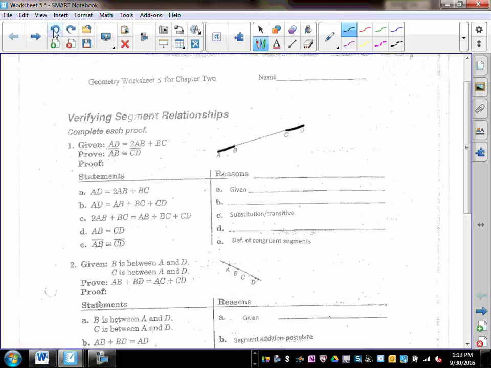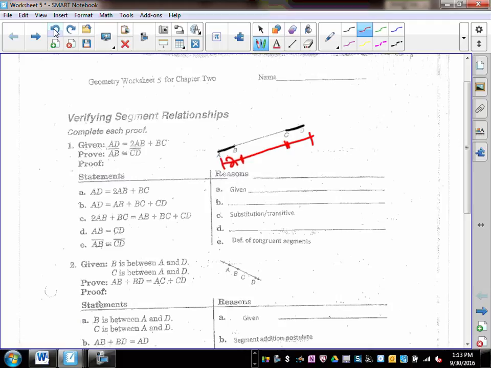Okay? Now it seems to make sense, right? It says that the whole segment is BC plus 2 times this. And if these segments are the same, 2 times it, so it makes sense, right? So they've gone ahead and given us a given, it's filled in.